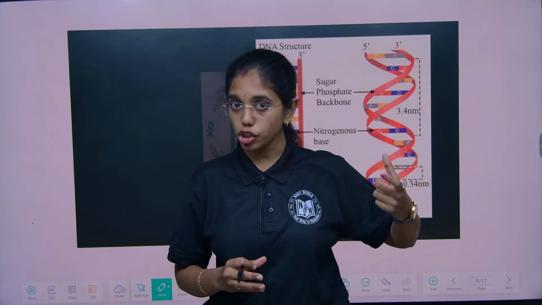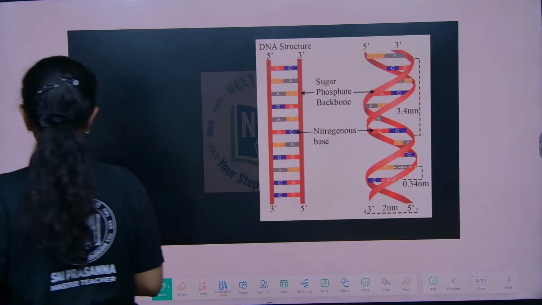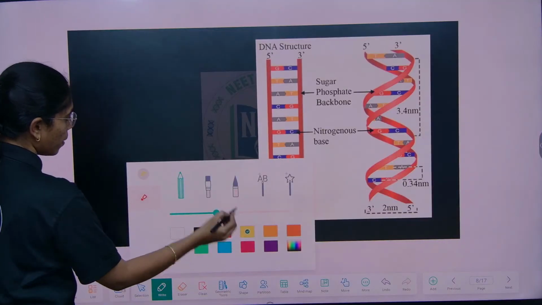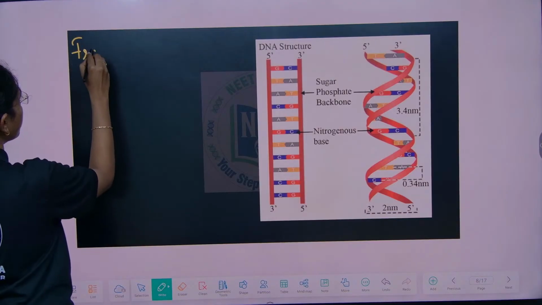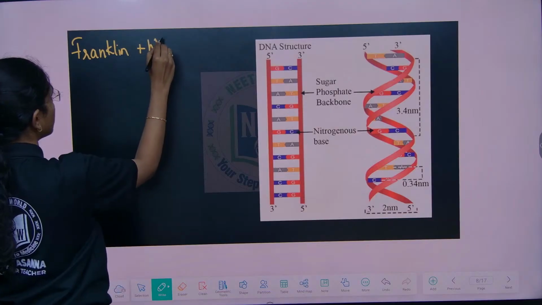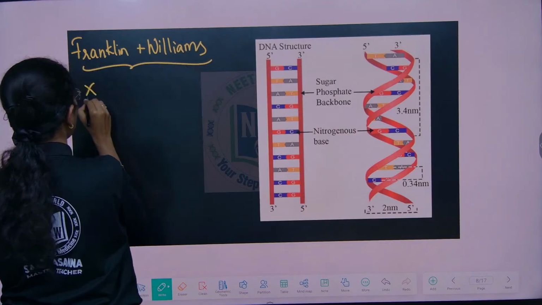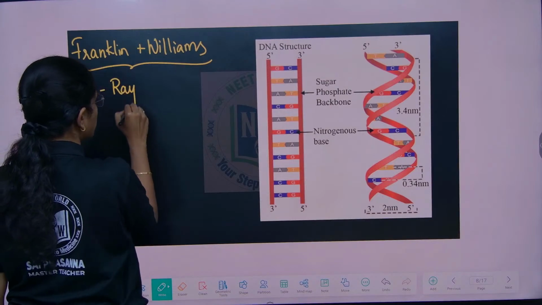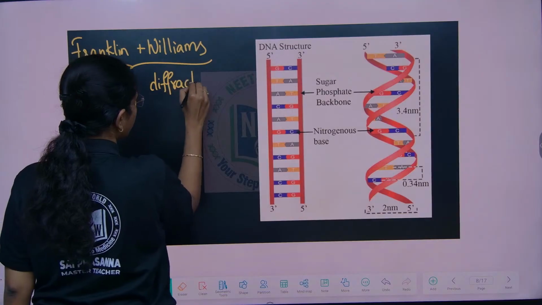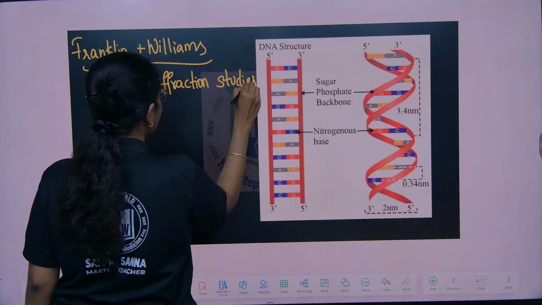The double helical structure of DNA is elucidated by Rosalind Franklin and Wilkins. They have given out the X-ray diffraction studies of the double helical model.